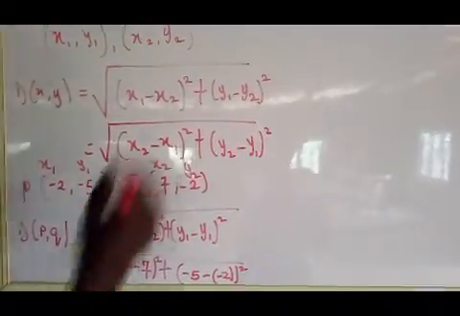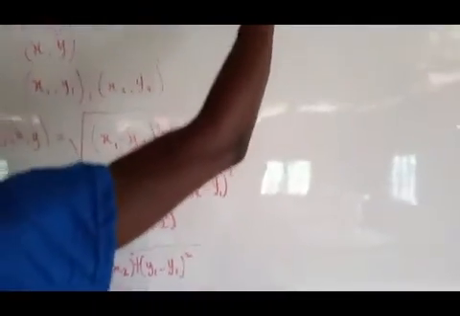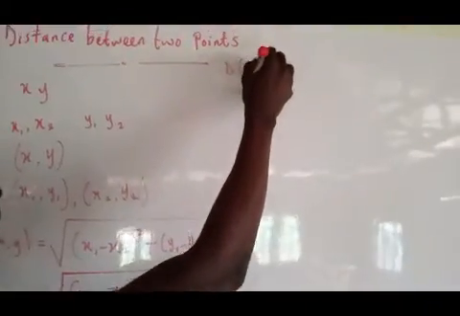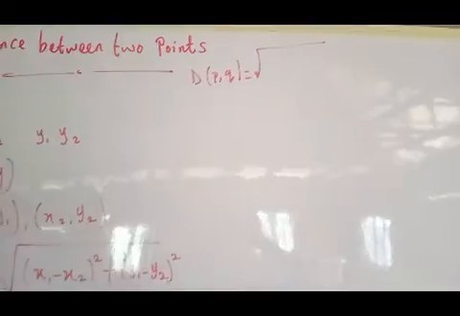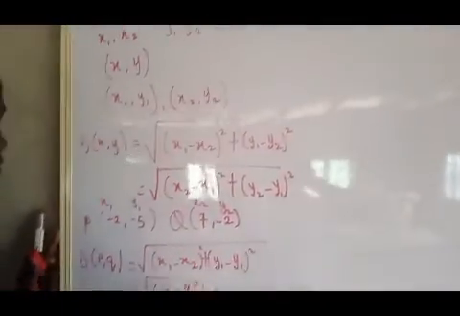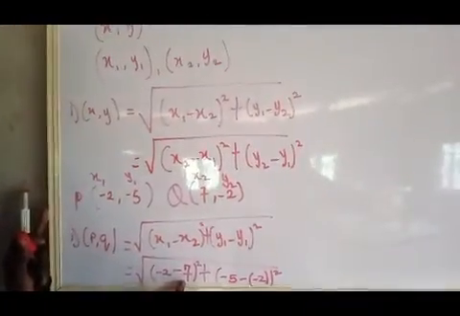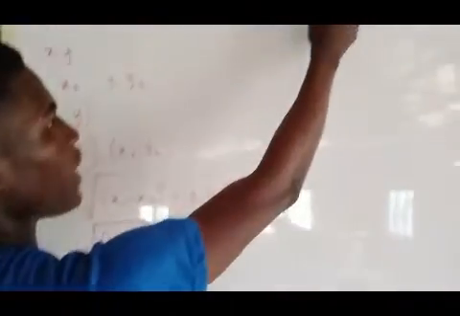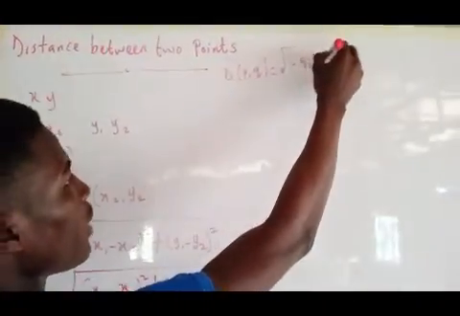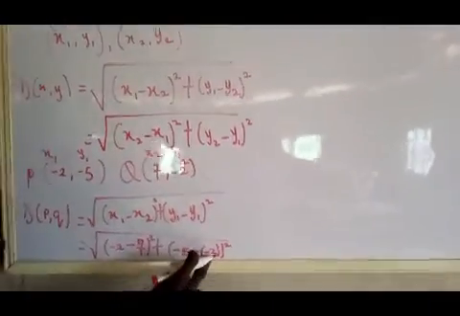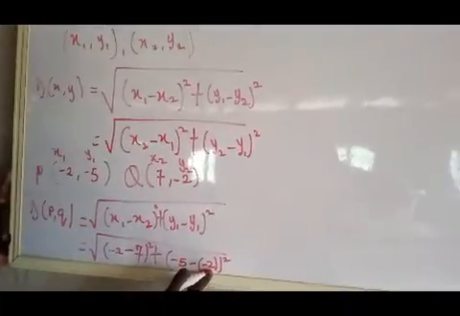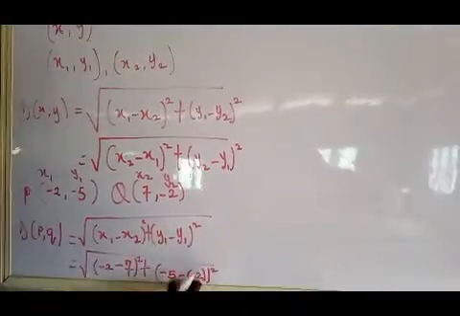So the distance between p and q will be the square root of -2 minus 7, which gives me -9. So I have -9 all squared plus -5, minus times minus is plus, so -5 plus 2 will give us -3, -3 all squared.